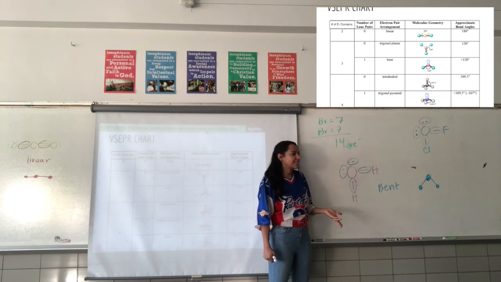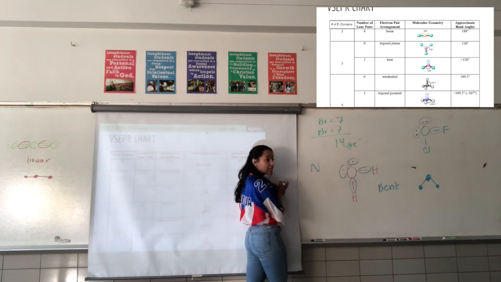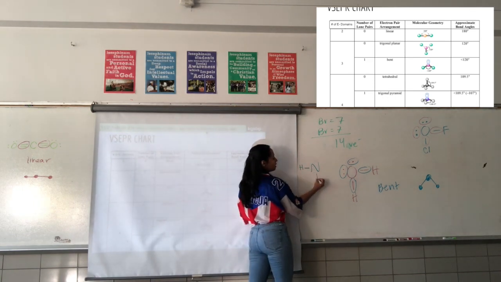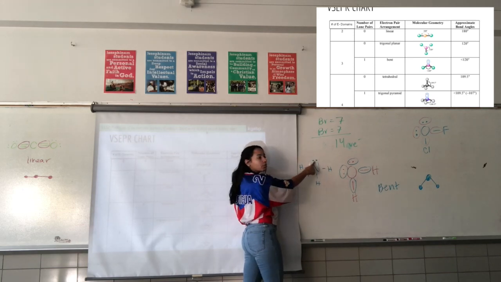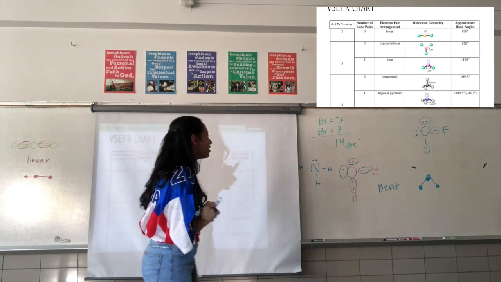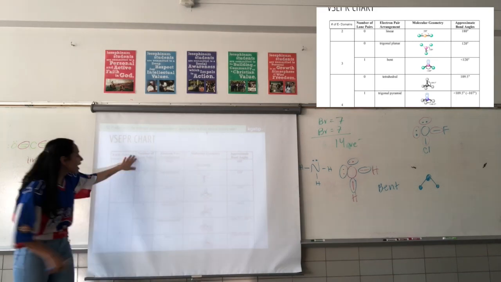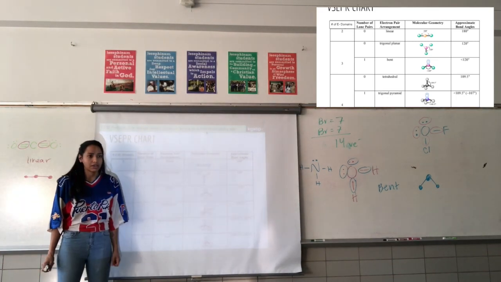For example, if I have nitrogen like this, and I have hydrogen connected all around, and then 2 little dots up here, that's a lone pair. Good. Oh, the moment of realization. That's how you figure out what shape it's gonna be.